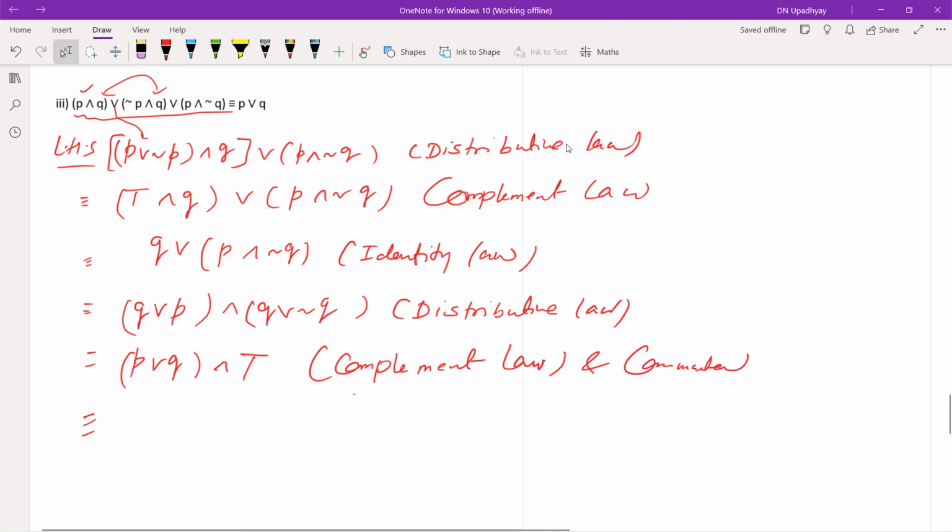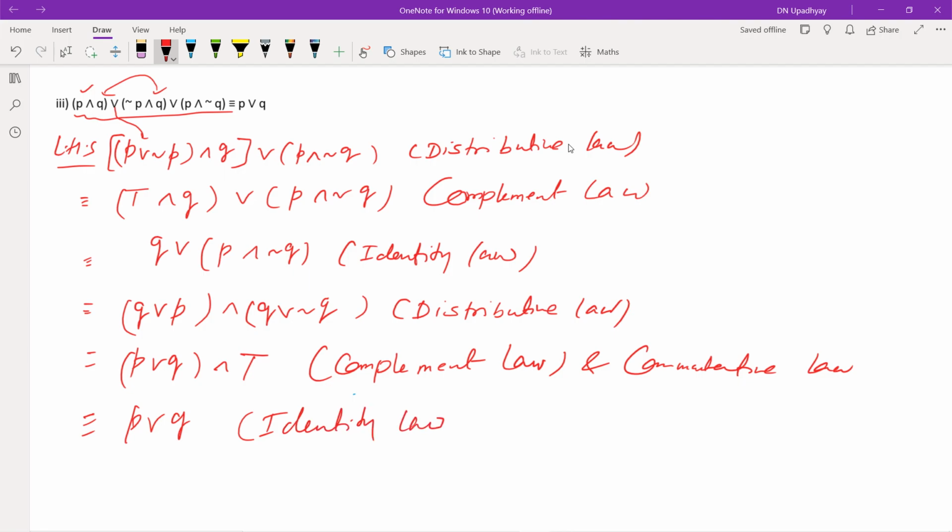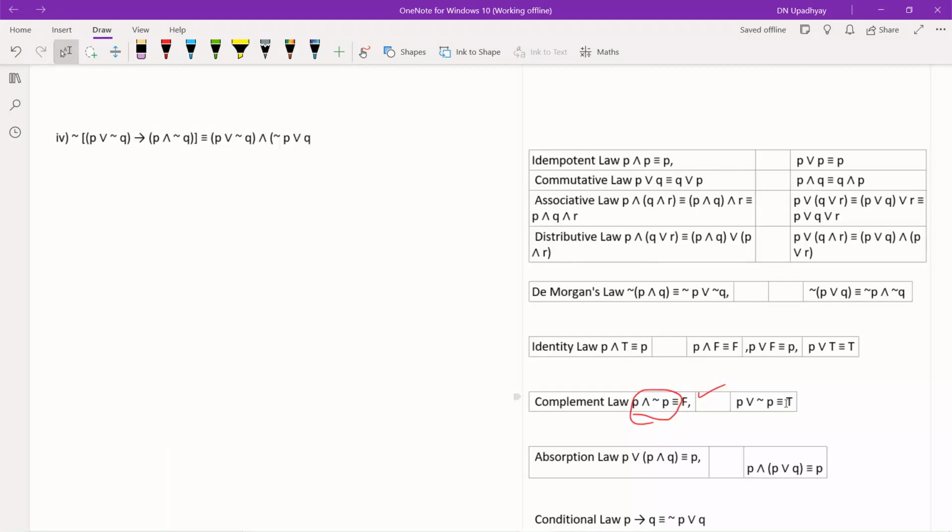Complement law, and something and T is nothing but the same thing. This is identity law, and here we can use commutative law as well. Why? Because we have changed Q or P to P or Q. So P or Q, identity law. So this is the answer. So I think this one is question number 3.